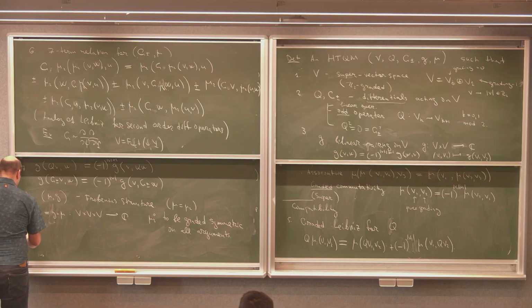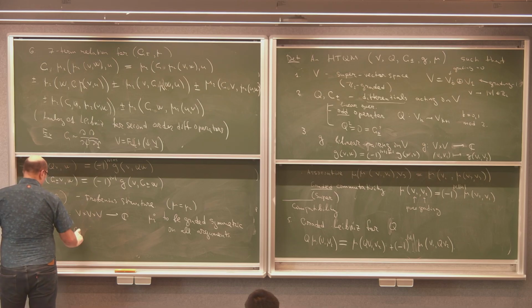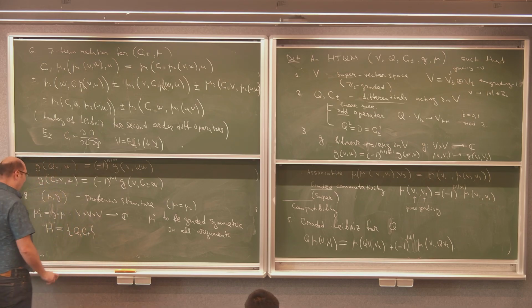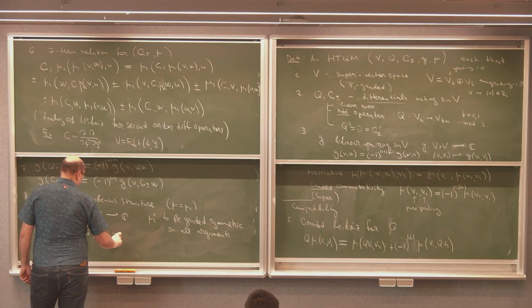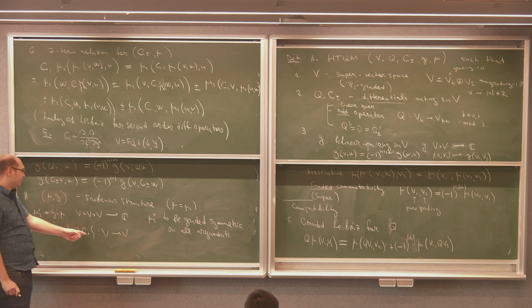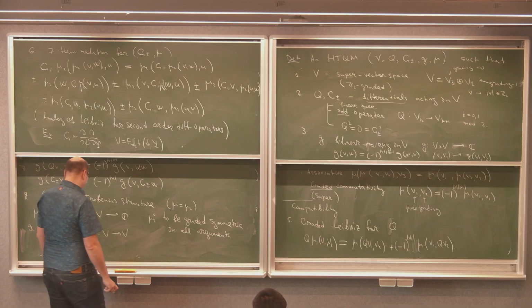Okay, so condition 9 is the following. We define H, which is the anti-commutator of Q and G plus. That is an even linear operator in V, because Q and G plus are both odd operators, and when we anti-commute odd operators, we get even operators.